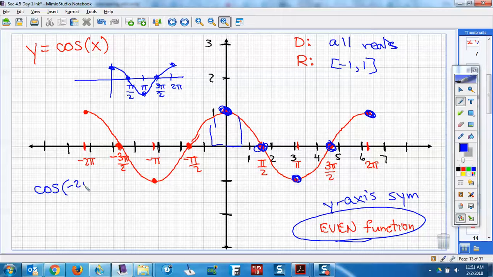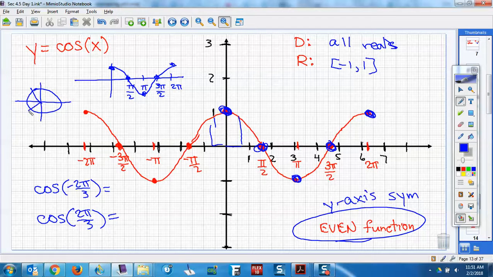If I'm asked to do cosine of negative 2 pi thirds, how does that have to relate to cosine of 2 pi thirds? How do those two answers compare? They are the same, right? Because cosine's an even function. Now, if you look at the unit circle, sure enough, where's 2 pi thirds? It's right there.